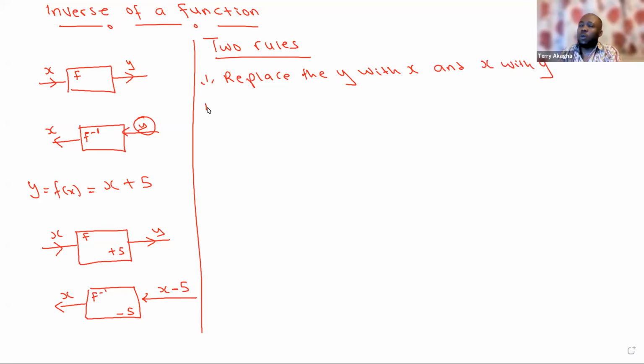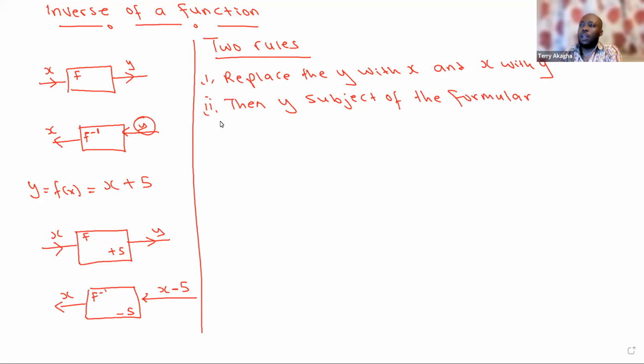Then the next thing, you make the y the subject of the formula.